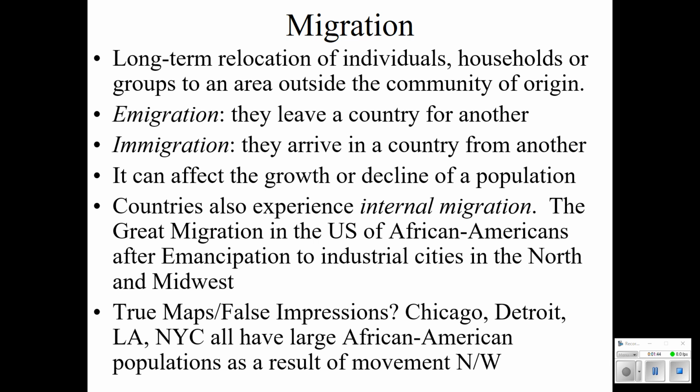We also remember that when we did the true map false impression work in class on the Chromebooks, the first question was, where do African Americans live in the United States? While the legacy of slavery is that there's a large Black population in the South, there's also a very large population of African Americans in cities like New York, Chicago, Detroit, and Los Angeles, which is a result of what we call the Great Migration.